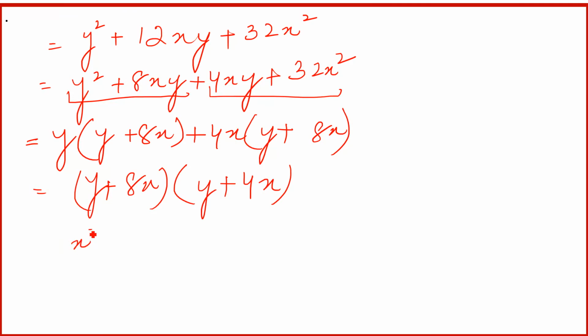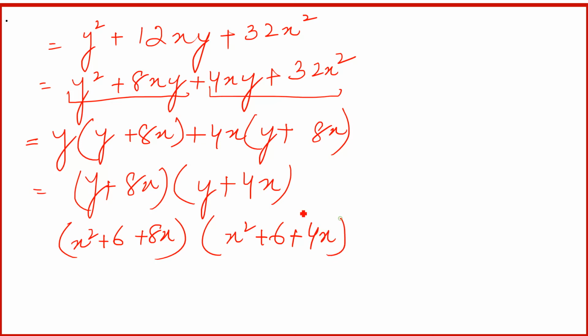So x square plus 6 plus 8x, and here x square plus 6 plus 4x. You have to put the value of y in a. So x square plus 6 plus 8x, times x square plus 6 plus 4x.